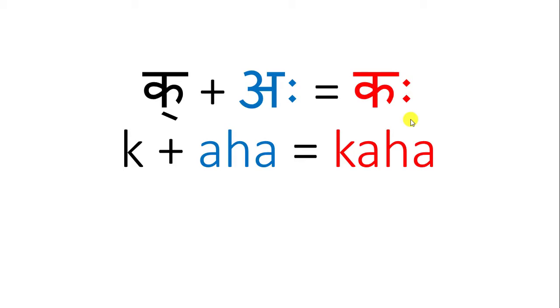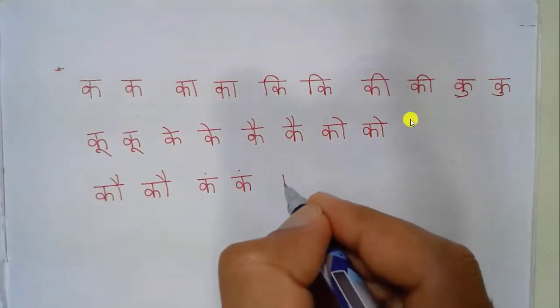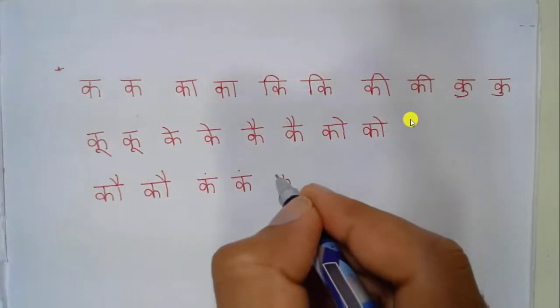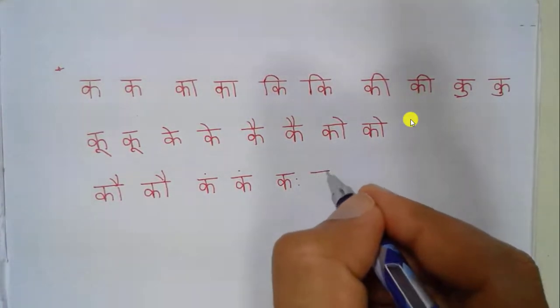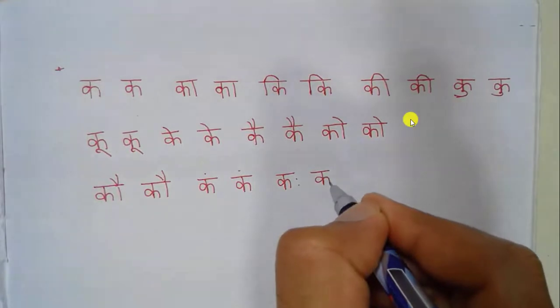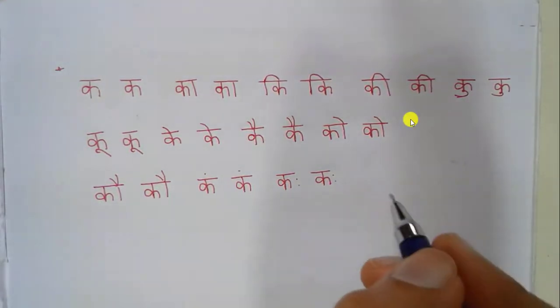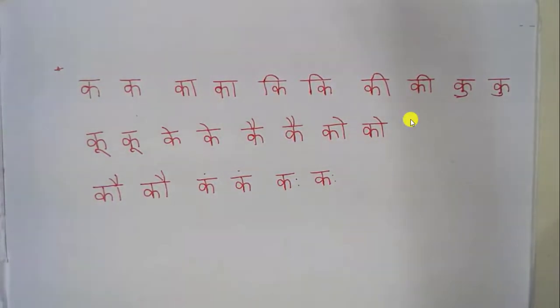And the way you write it is like this. K, the first sound, with two dots to the right of it. That is kaha.